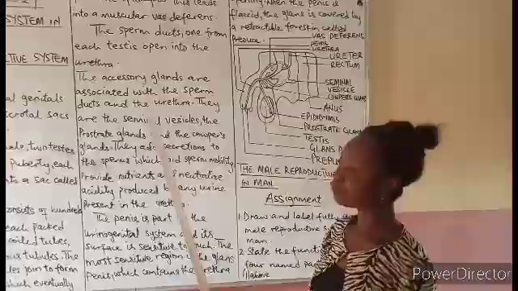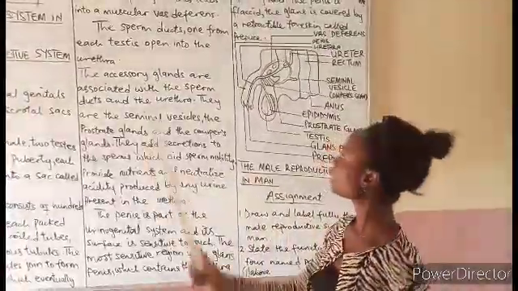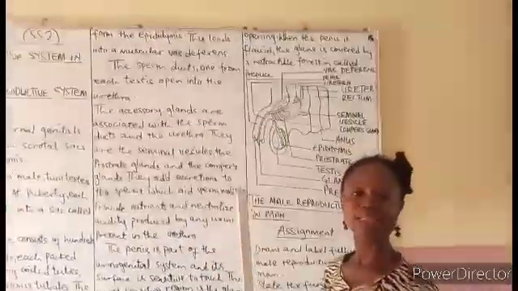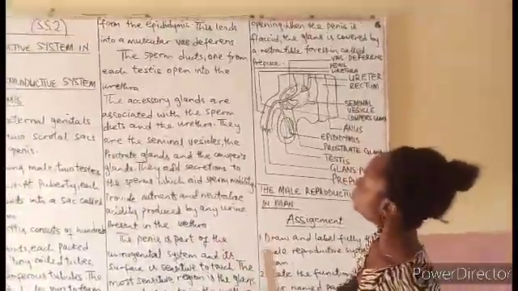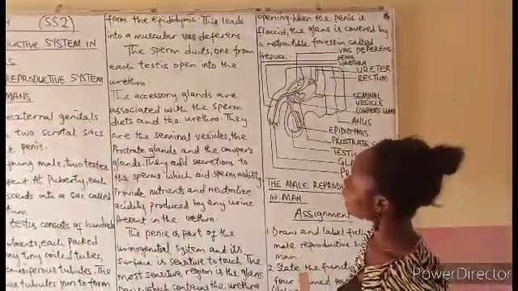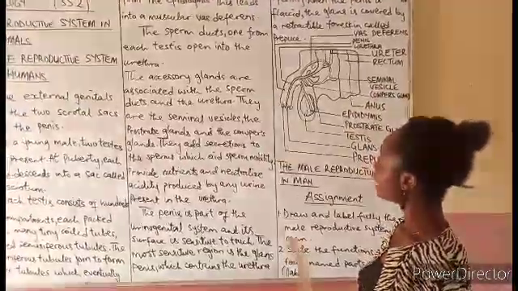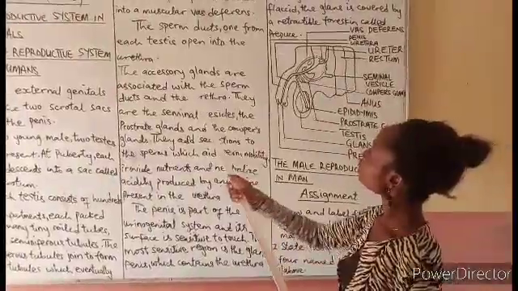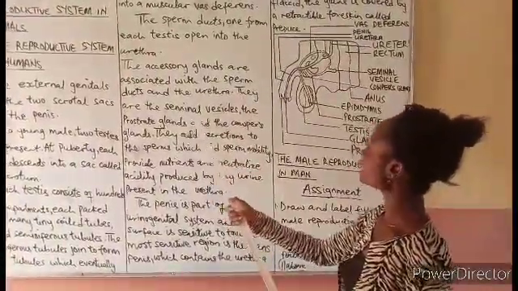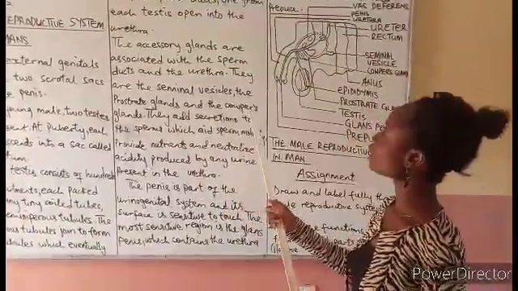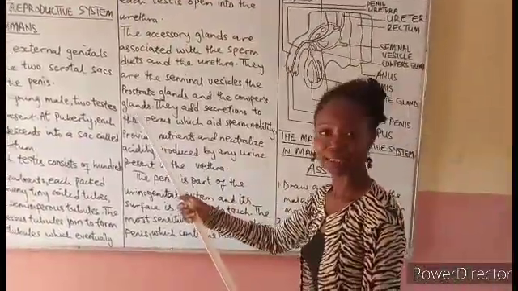Then we have another structure we call the accessory glands. These accessory glands help the urethra and the sperm duct to work. Those accessory glands include the seminal vesicles, the prostate gland, and the Cowper's glands.